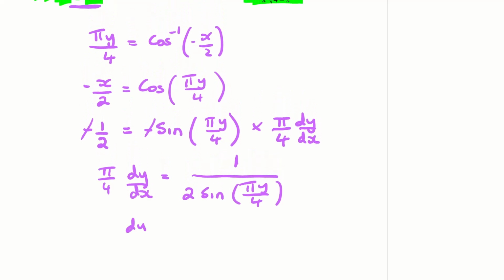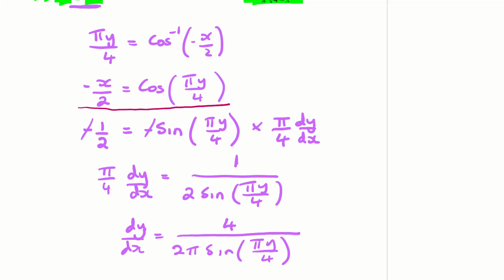And then dy dx would be equal to 4 over 2 pi sine pi y divided by 4. Now let's go back a couple of steps up to here. So cos squared pi y divided by 4 would be equal to x squared on 4.